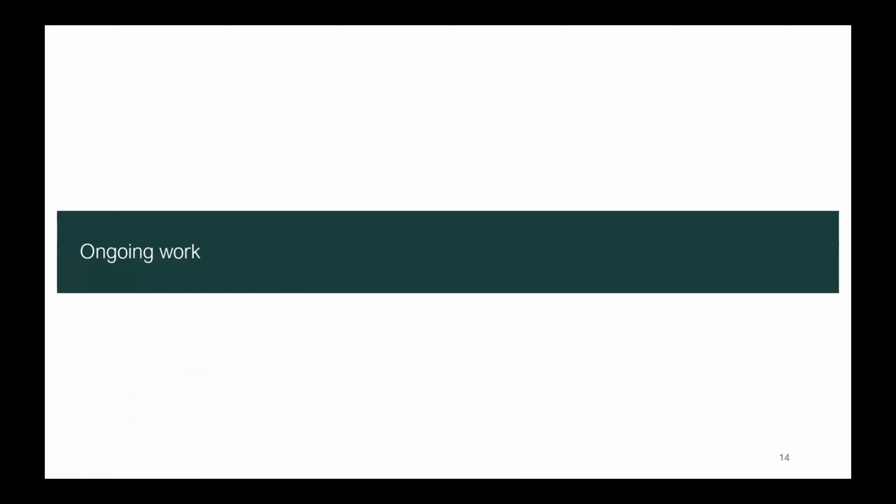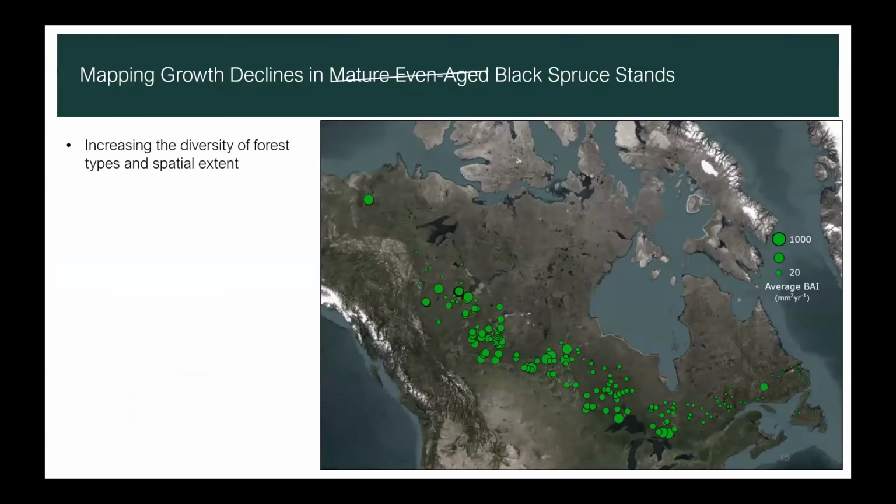What we're working on right now is a collaboration we've only just started with the Canadian Forest Service. We're trying to go a little more general. So instead of studying only mature even-aged black spruce stands, we're trying to apply the approach to black spruce stands in general over Canada, extending the spatial extent of the project and the diversity of forest types.